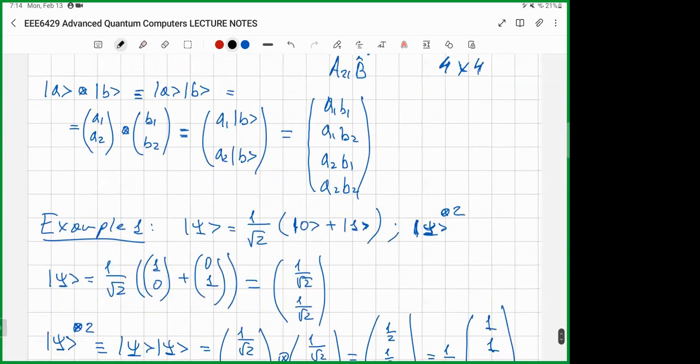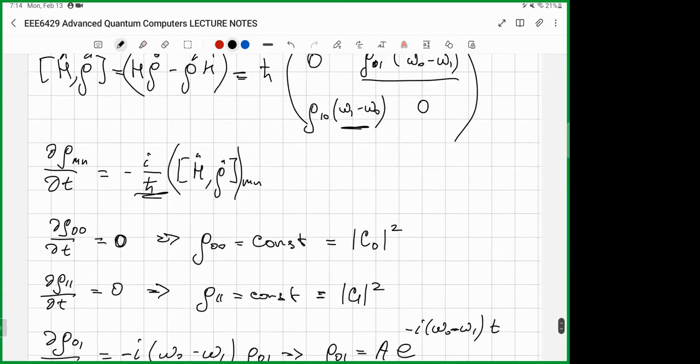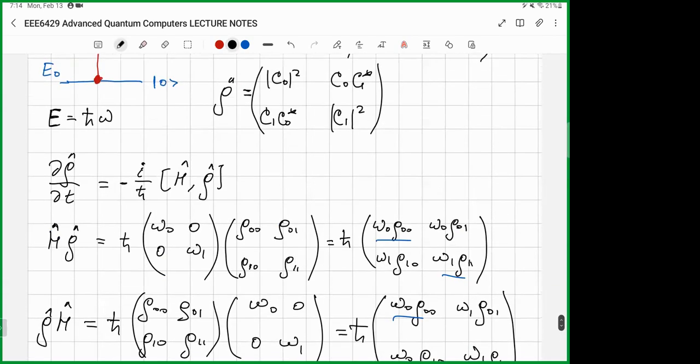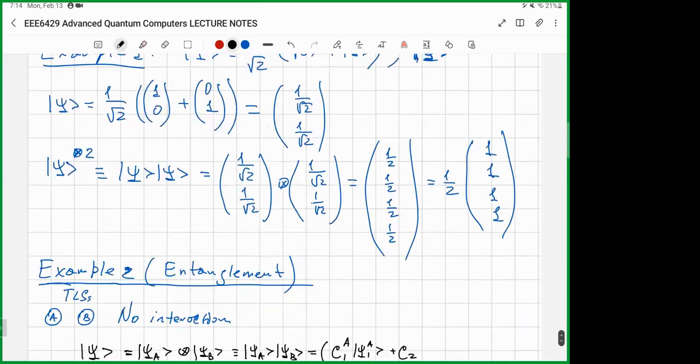Before, we used different indices; we denoted the first state 0 and the second 1.